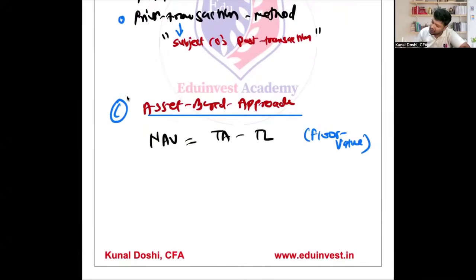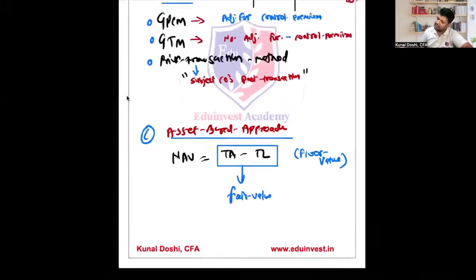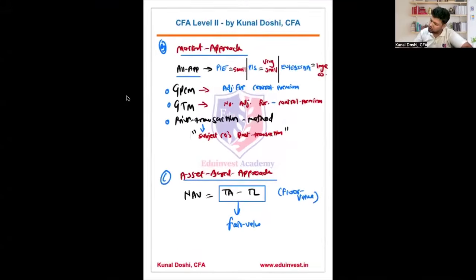Here we take the total assets and total liabilities based not on the book value, but on the fair market value. Correct? So this is going to be the lowest valuation amongst all the valuations, and the assets and liabilities are done at fair valuation. That is the last approach.